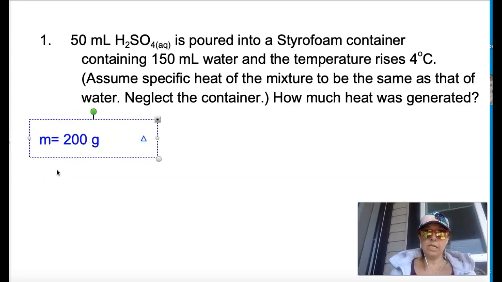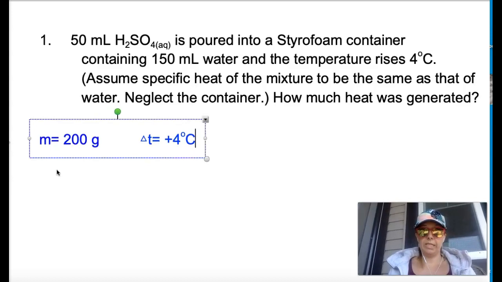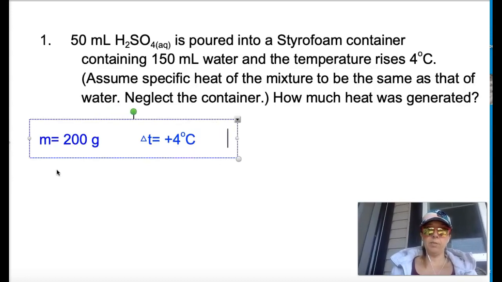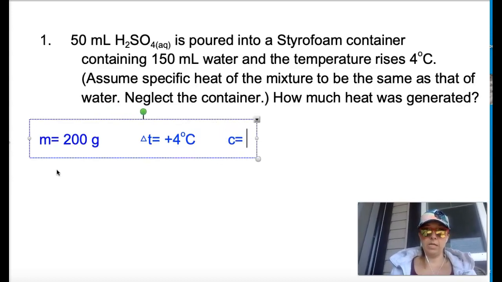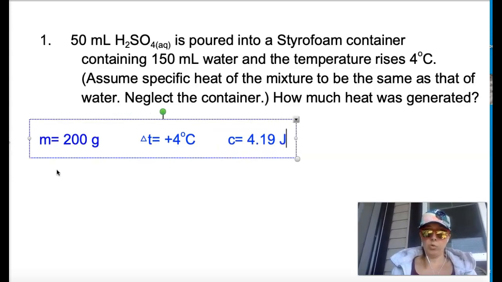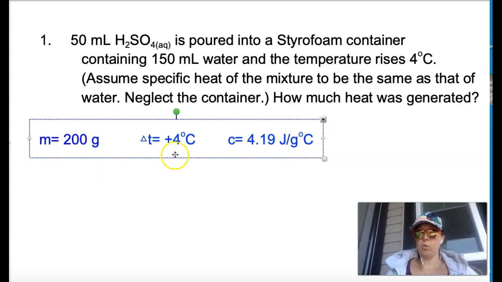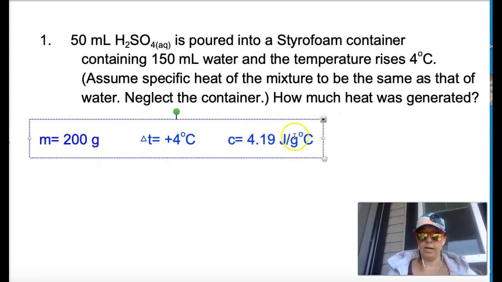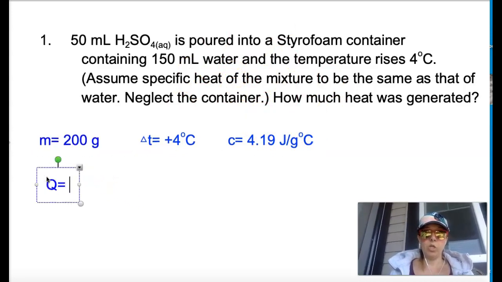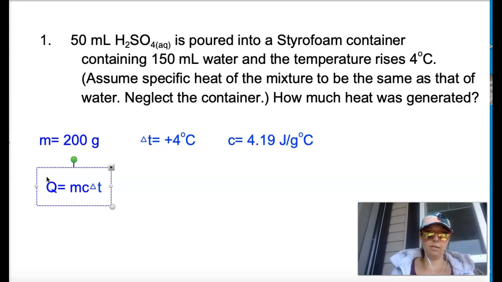Delta T, it told me that it rose by 4 degrees, so it's plus 4 degrees C. It then tells me to assume the specific heat capacity is the same as water, and water is 4.19 joules per gram degrees C, right? You have that in your data booklet. You can look that up if you're wondering how you were supposed to know that. It is in there. Then we have Q equals mc delta T.